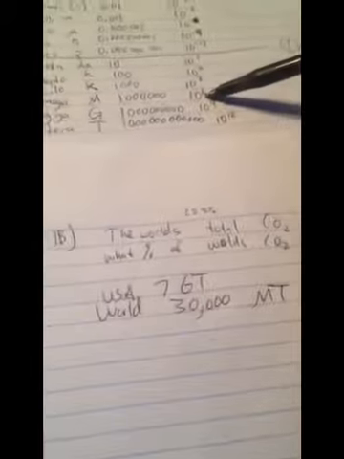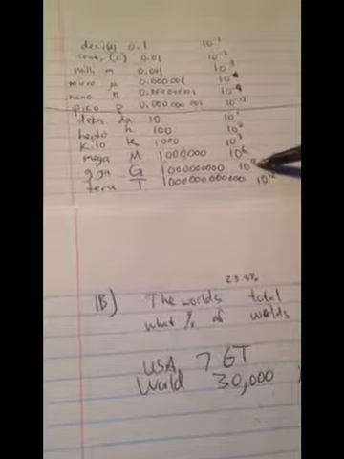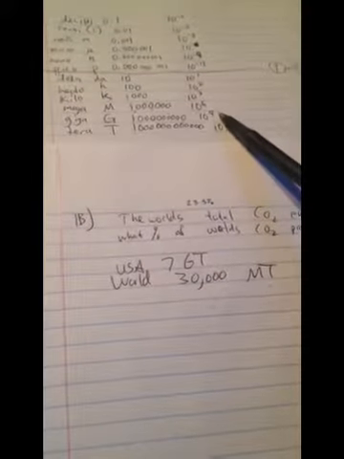And USA has gigatons, so gigatons is here, 10 to the 9th. So that means that 1 gigaton is 10 to the 3 bigger than 1 megaton, which is also 1,000. So 10 to the 3 is 3 extra zeros. So 3 zeros onto 1 is 1,000, right? So we have 10 to the 3rd difference, so that means that there's 3 zeros different.